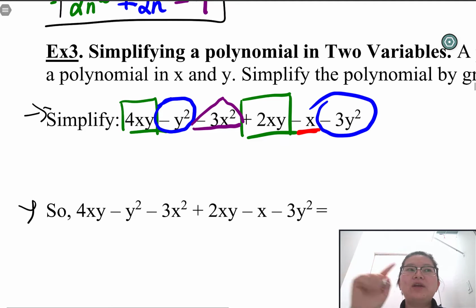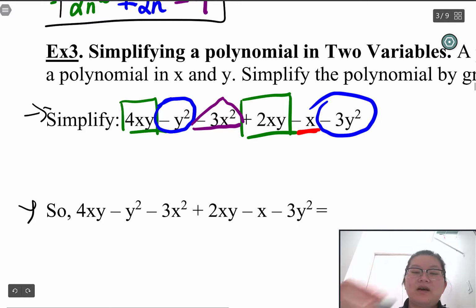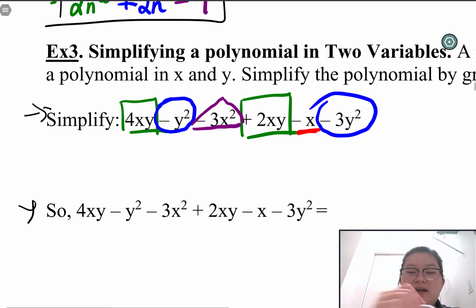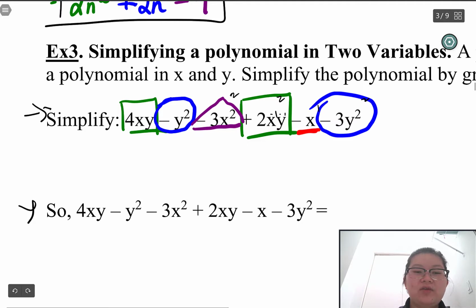When the degrees are the same, we want to classify them in alphabetical order. So we know that x comes before y. Here we have x squared, which is a degree of 2. This also has a degree of 2 because it's 1 and 1, so 1 plus 1 is 2. This has a degree of 1. This has a degree of 2. This y squared has a degree of 2. This xy also has a degree of 2.